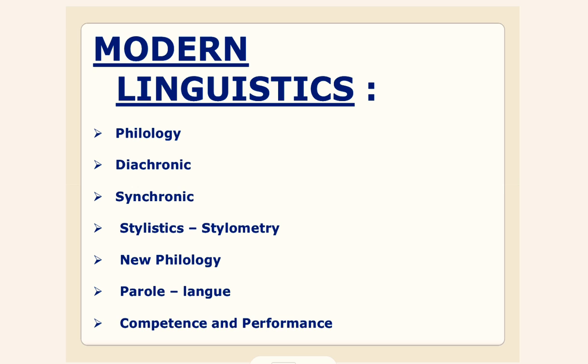Now, it is the final part, that is modern linguistics. So, what M.H. Abrams discussed in his book regarding linguistics, the terms. Let's see. Philology, diachronic, synchronic, stylistics and stylometry, new philology, parole and langue, competence and performance.